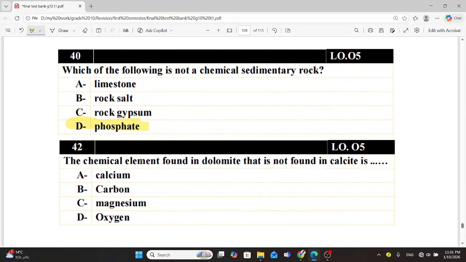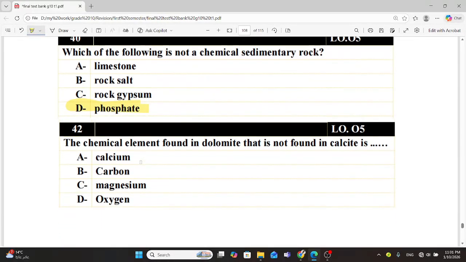The chemical element found in dolomite that isn't found in calcite is calcium ولا carbon ولا magnesium ولا oxygen. magnesium.